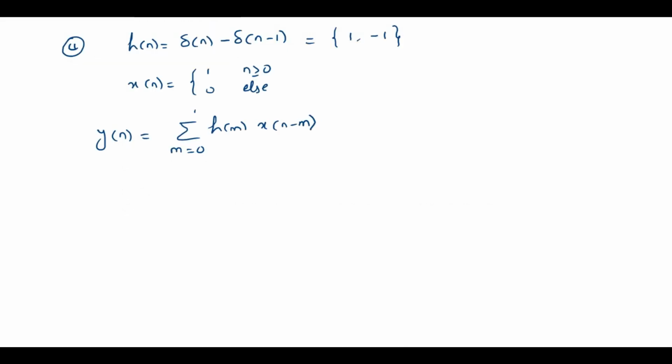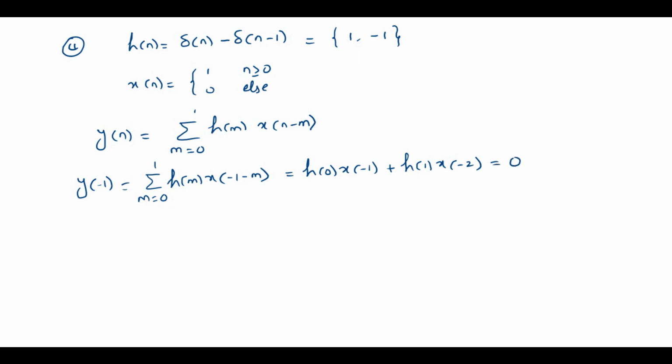So first y of minus 1, which is summation m from 0 to 1 of h of m x of minus 1 minus m. When I expand this, h of 0 into x of minus 1 plus h of 1 into x of minus 2, whose value is simply 0. Why? Because the input sequence x of n for negative times is 0, and 0 into something is 0.